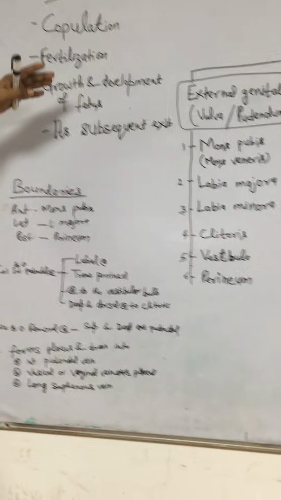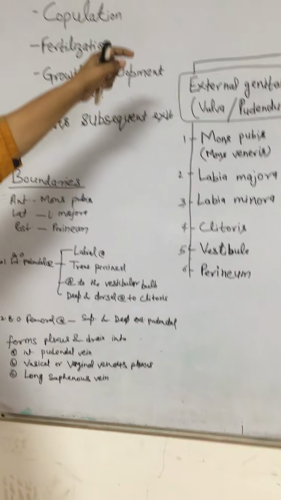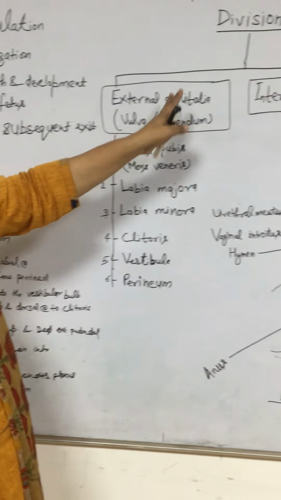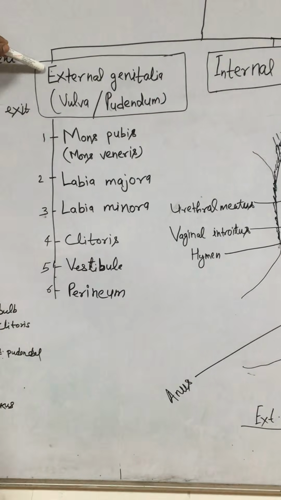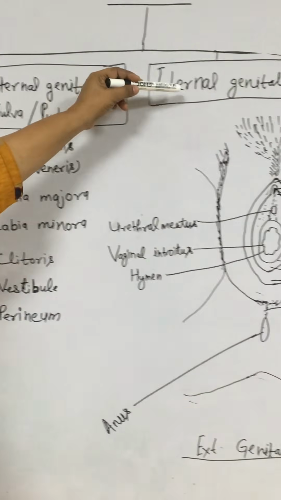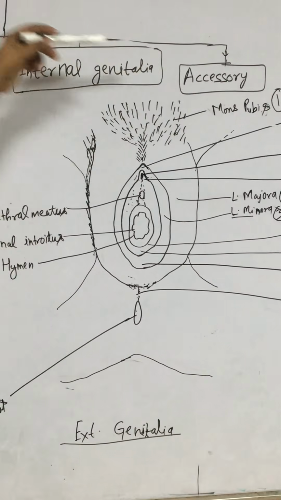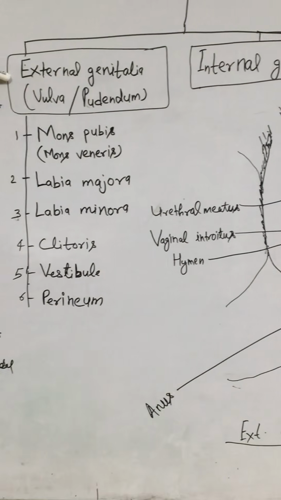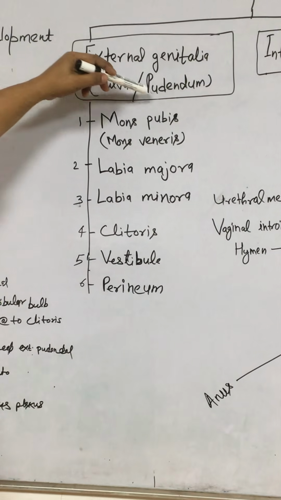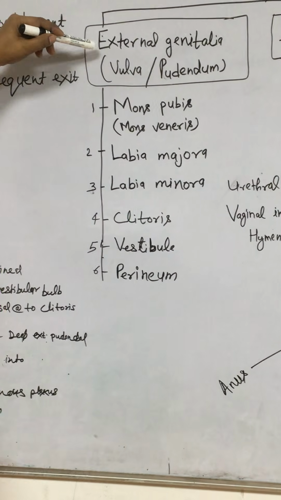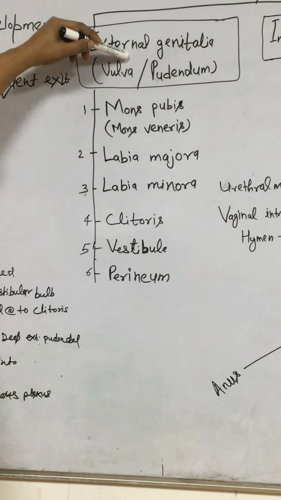Now its division. The female reproductive organ is divided broadly into three parts: external genitalia, internal genitalia and accessory reproductive organs. External genitalia, its synonyms are vulva and pudendum. It is visible externally.